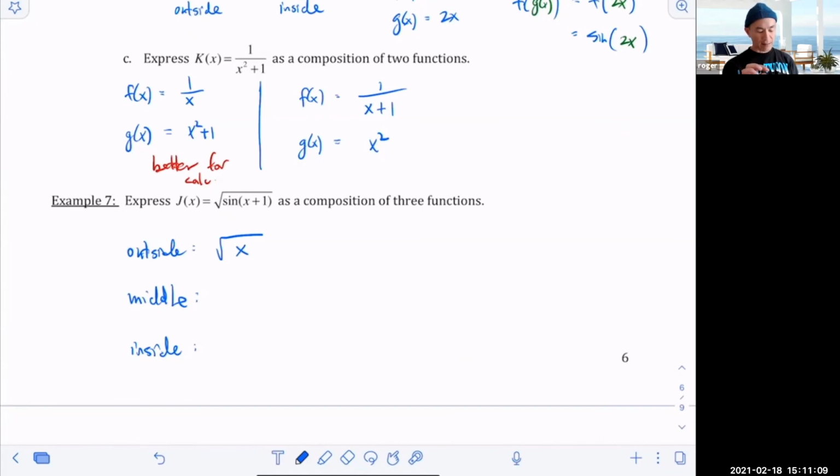It looks like sine is on the outside and x plus 1 is inside of the sine. So the inside guy is going to be x plus 1, and then the middle guy is going to be sine of x. Does that make sense to you guys? Are there any questions?